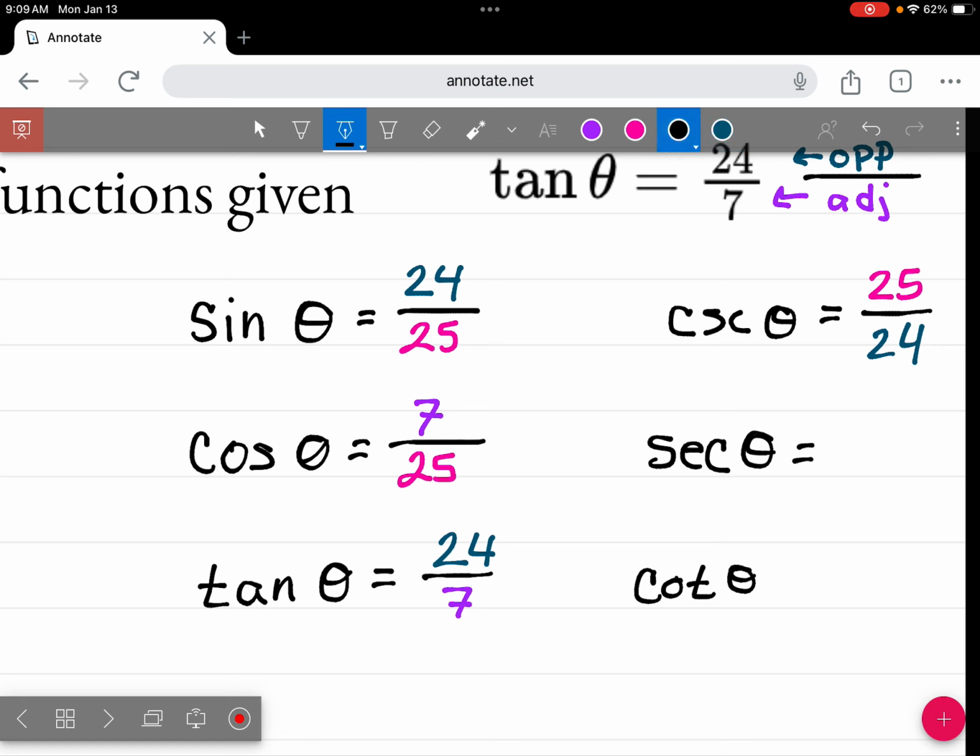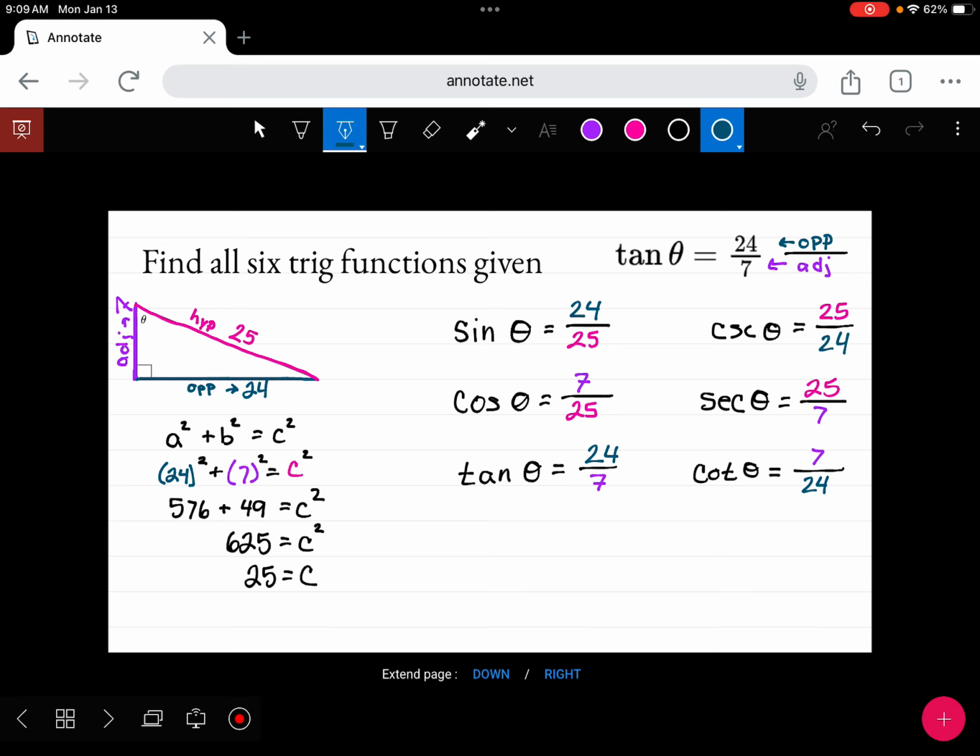So our secant is going to be what? 25 over 7. And our cotangent? 7 over 24. Okay. Questions there?